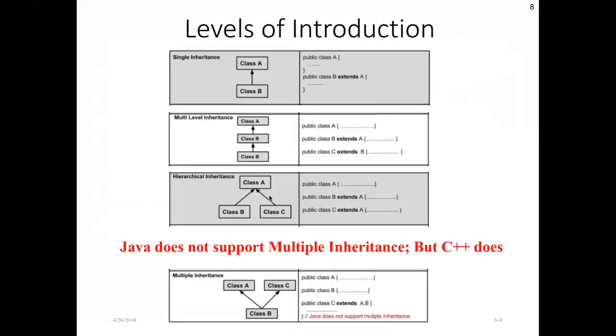Like for example, this is my father and this is me and my brother. Okay. Siblings. These are siblings. But some languages like C++ allow multiple inheritance. Means multiple parents born a single child.